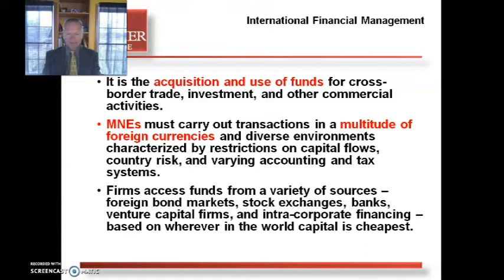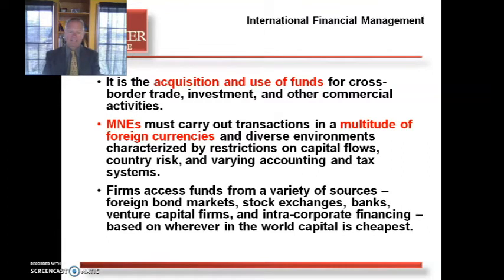Long-term, they might need funds to do a foreign direct investment, build a plant in a foreign country. They also might need some short-term funds just to meet payroll while they're waiting on some money to come in from accounts receivable and those types of things.